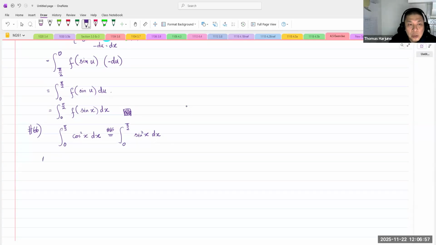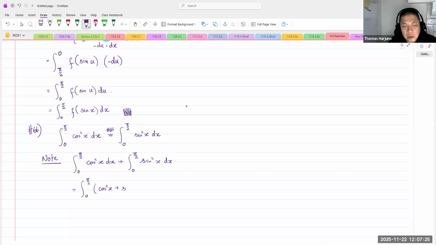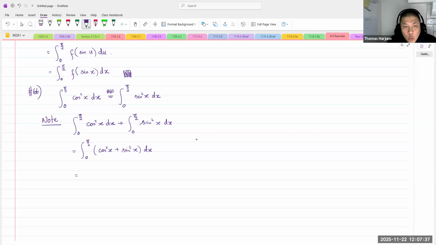Okay, now note that the integral from 0 to pi over 2 of cosine squared x dx plus the integral from 0 to pi over 2 of sine squared x dx is equal to the integral from 0 to pi over 2 of (cosine squared x plus sine squared x) dx, which equals 1.